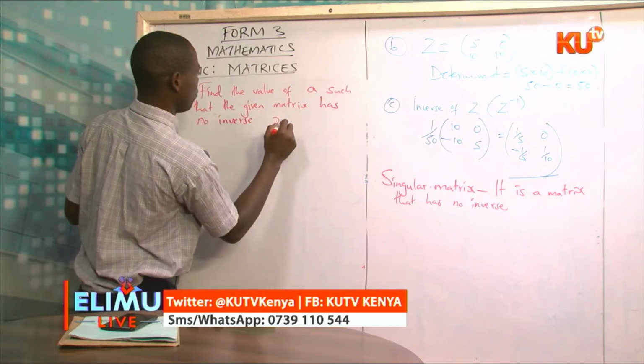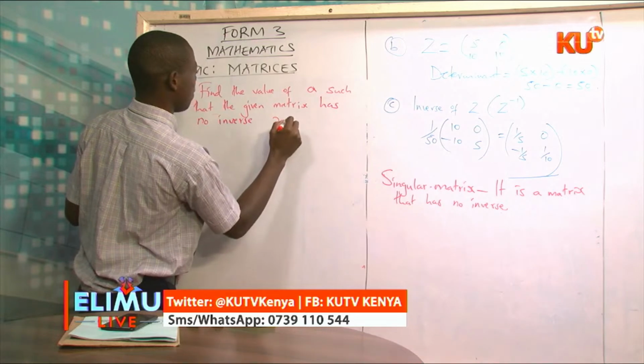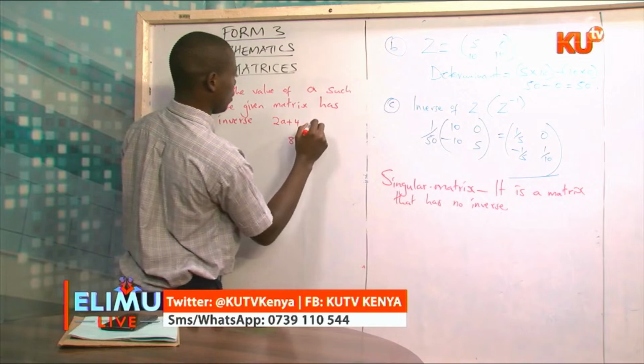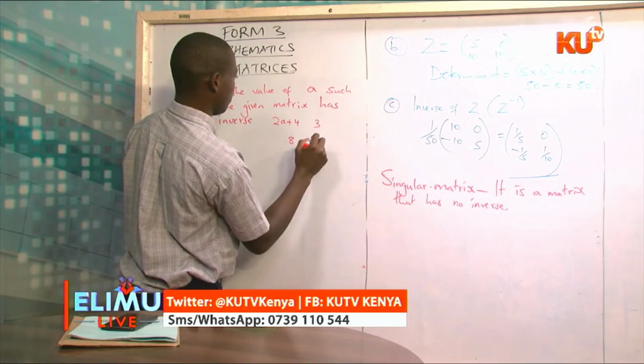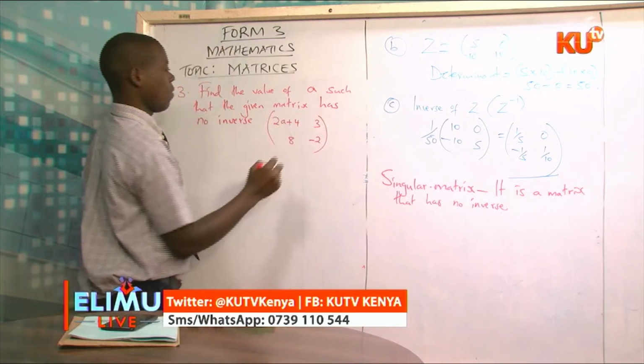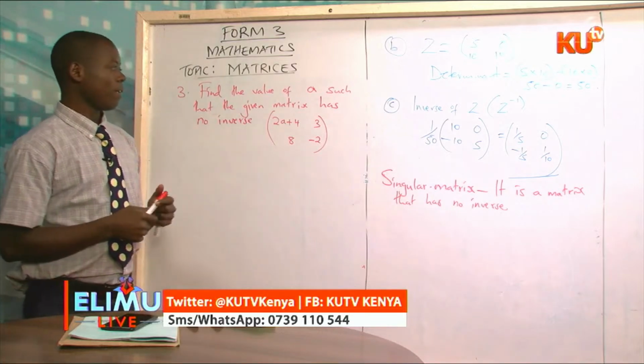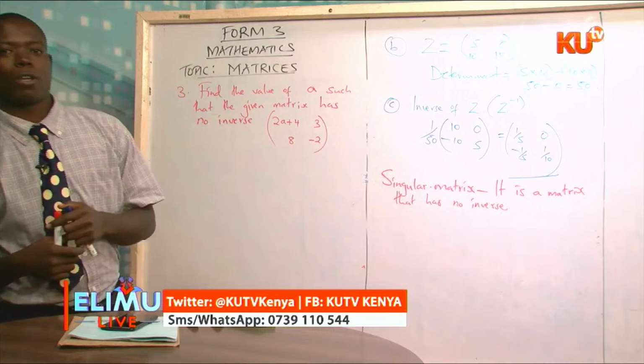So we have 2A plus 4, and then we have 8, 3, and negative 2. We find the value of A such that the given matrix has no inverse.